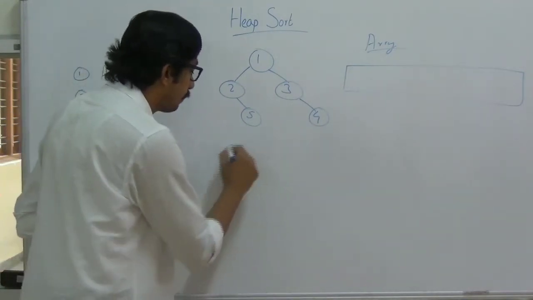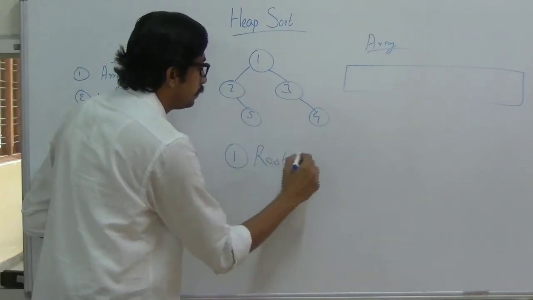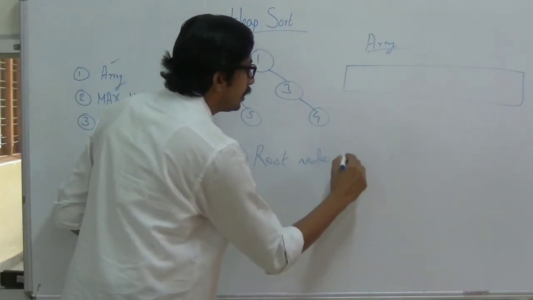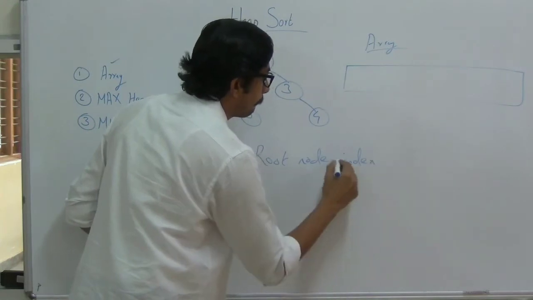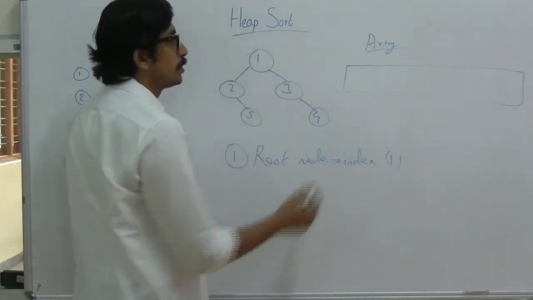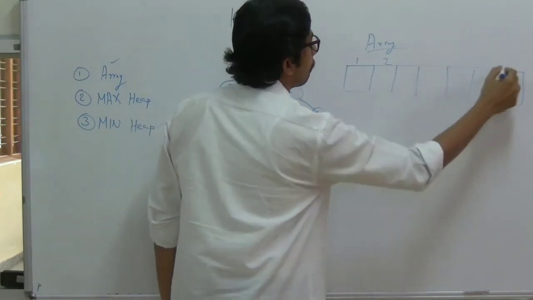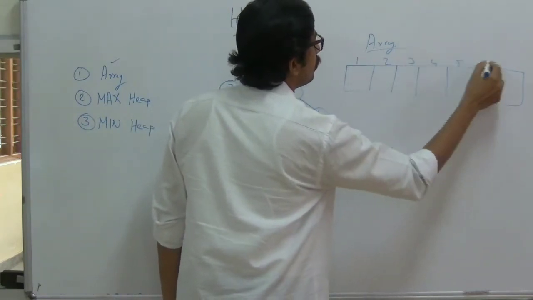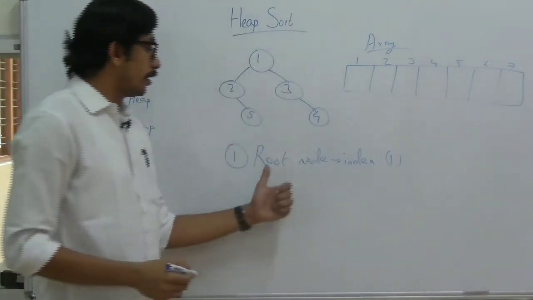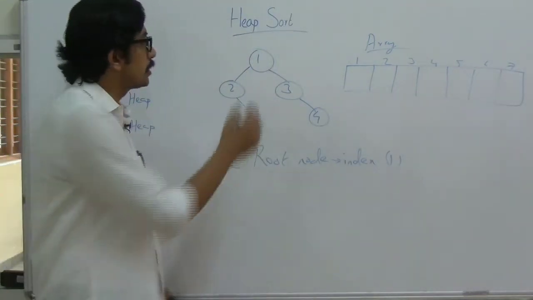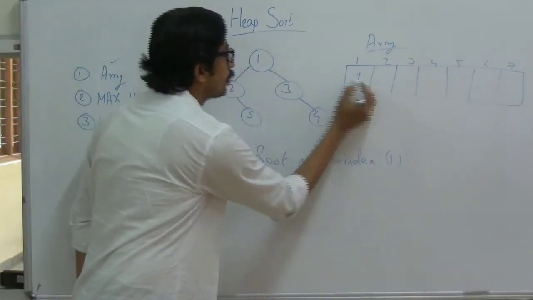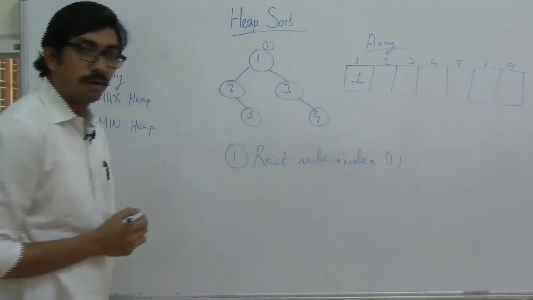First one is that the root node will be in index position 1. So the array index starts from 1. According to the first rule, your root node will be in index position 1.